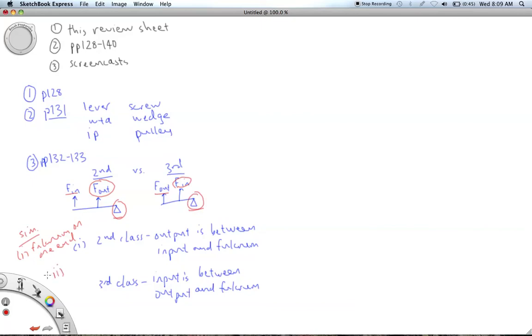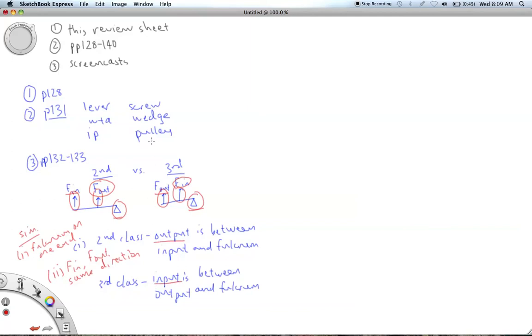And the second similarity is F in, F out are in the same direction. You can see here the arrows are both going in the same direction. But to respond specifically to that question, really the only difference is that the output is in the middle for second class, the input is in the middle for third class.